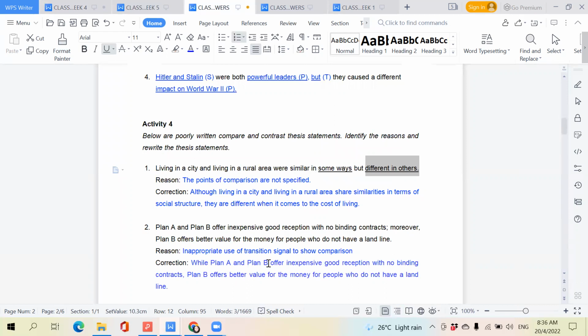Plan A and plan B, these are the two subjects, and then offer inexpensive good reception and no binding contracts. And this is your P1 about similarities. And then plan B offers better value for the money for people who do not have a landline. So you know plan A does not have this. So this is the second point of comparison, which is talking about differences. All right, so this is how you should write your thesis statement.